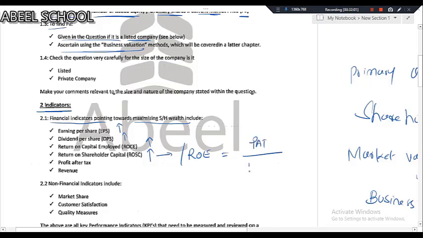Simply PAT divided by total equity gives you return on equity. If return on equity is increasing, we'll say financially the business is going in the right direction. If PAT is increasing, again it is a good financial indicator. The same applies for revenue. If all the financial indicators are increasing, then obviously sooner or later the wealth of the shareholders will increase.